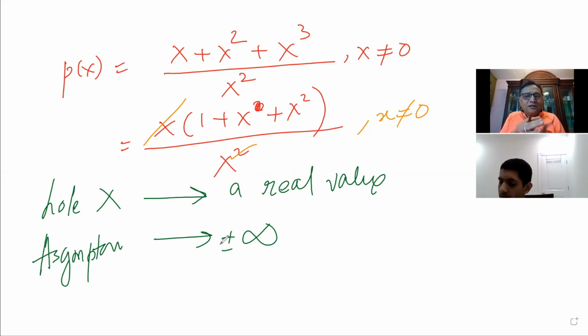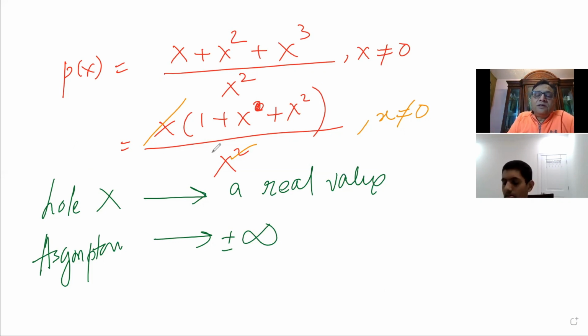When both conditions are being satisfied, in that case it will be a vertical asymptote, correct? If you plug in a value very close to 0, like 0.0001, you will get a very high value. You will not get some real number like 2, 3, 4 as last time. We are getting a very high value.